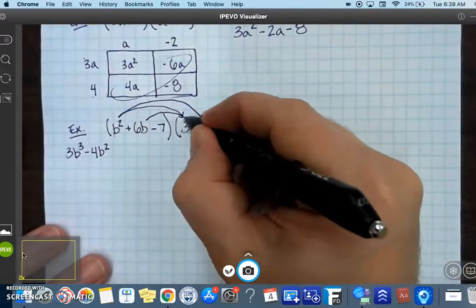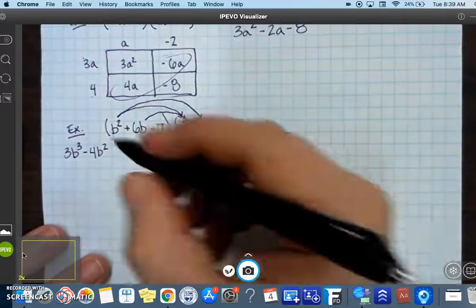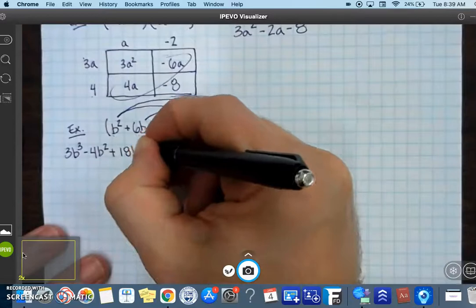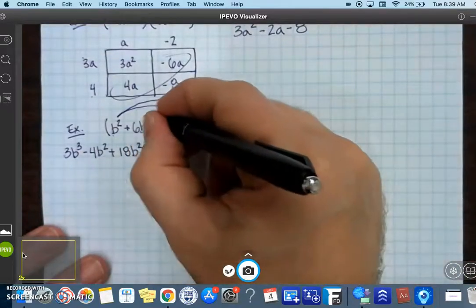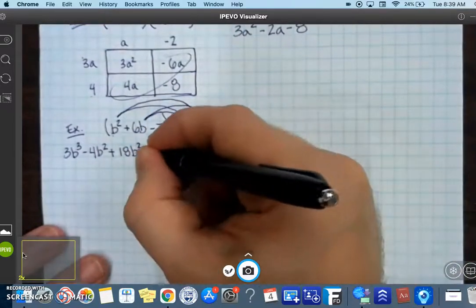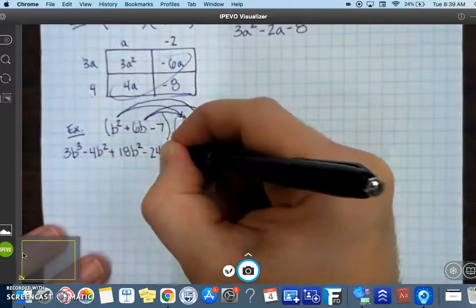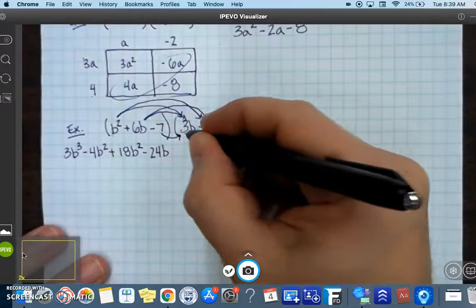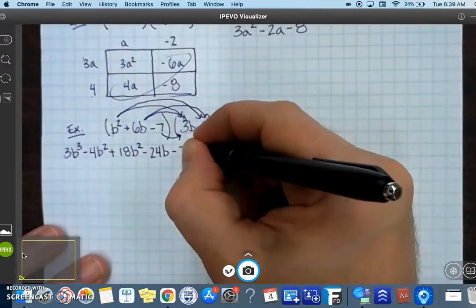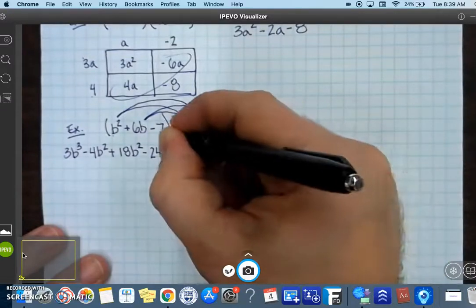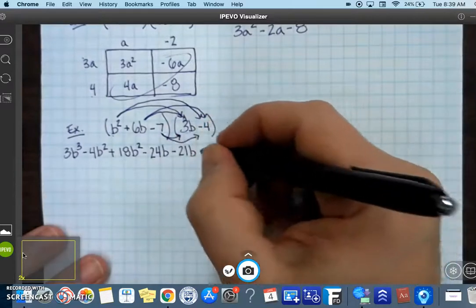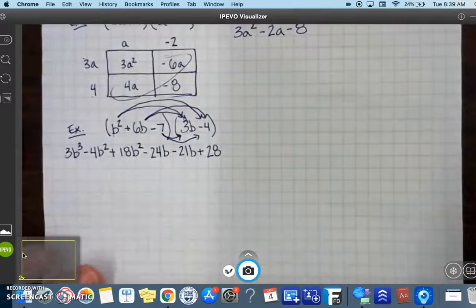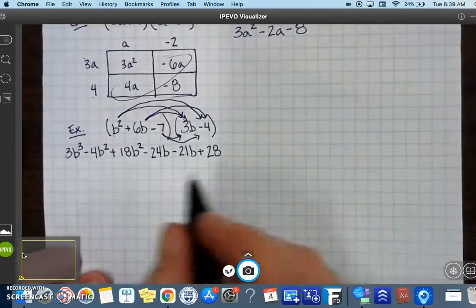Then I have the 6b. 6b times 3b, 18b squared. 6 times negative 4, negative 24b. And then I can take the third term, and this would be negative 7 times 3b, minus 21b. Negative 7 times negative 4 is plus 28. Right, from here, you have to find your like terms.